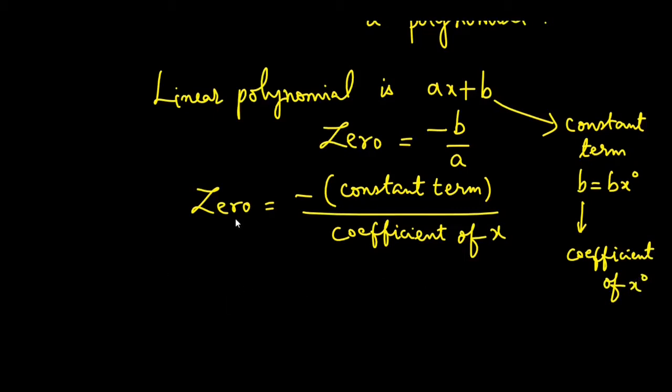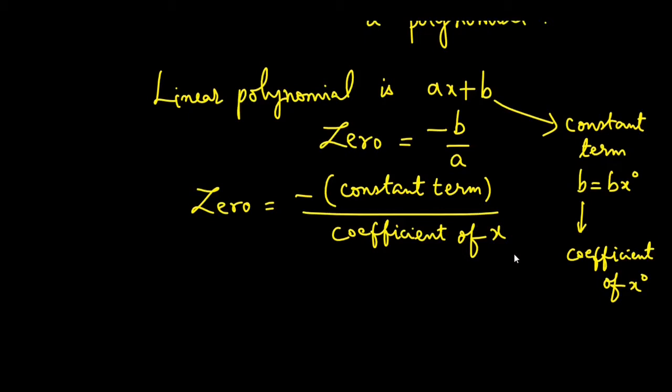So for a linear polynomial, we have a relation between the zero and the coefficients. The zero of a linear polynomial is equal to minus of constant term by coefficient of x.